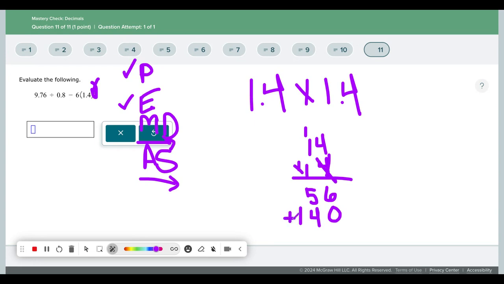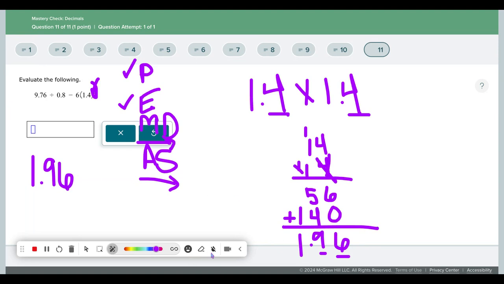And then I'm going to add my partial products. So now I have 196. And if I look at my problem, I have 2 digits on the decimal place value side. So I need 2 digits on the decimal place value side in my answer. So that part becomes 1 and 96 hundredths.